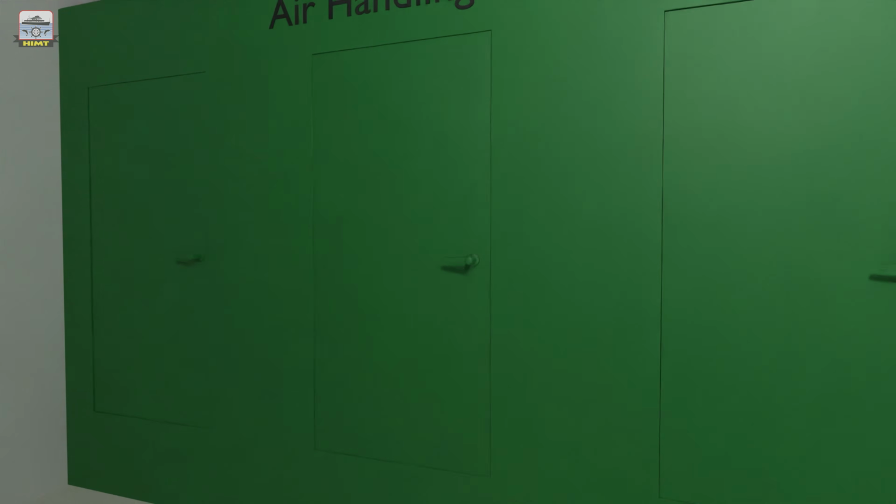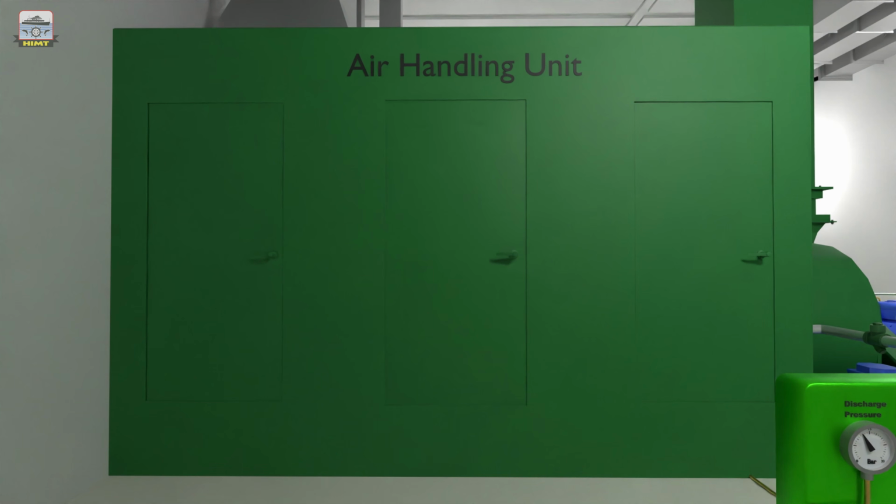A cargo ship's accommodation air conditioning system uses an air handling unit to condition and distribute air, often employing a single duct system.